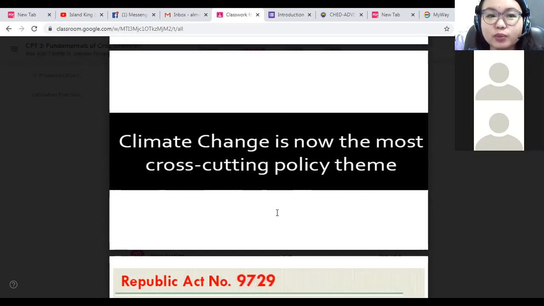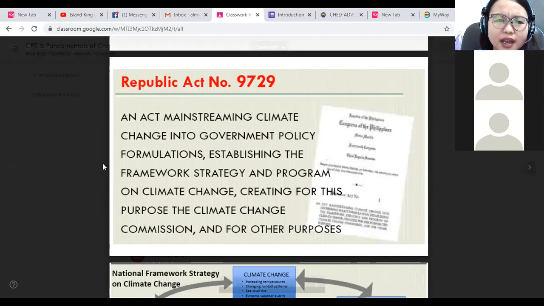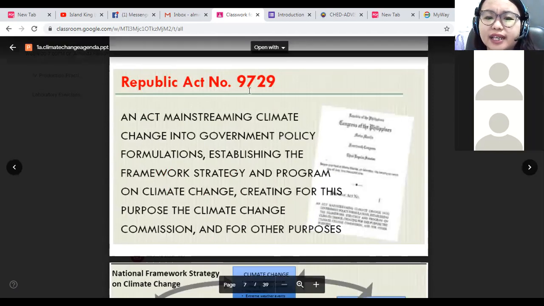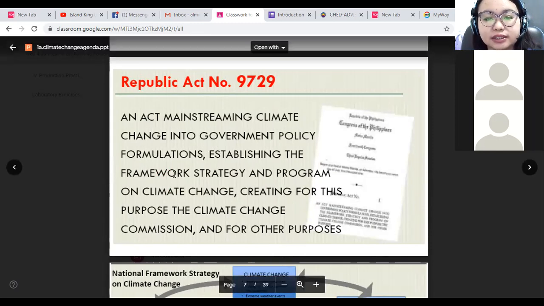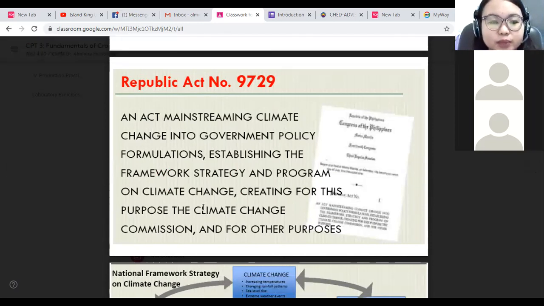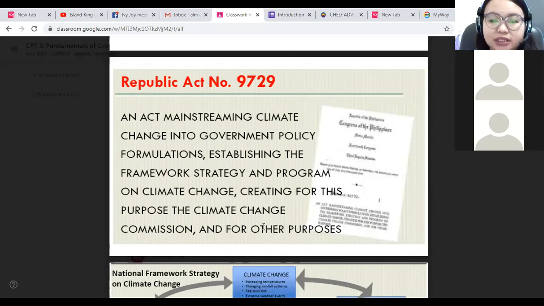So around the world, everything is attached to climate change issues. Under Republic Act number 9729, an act mainstreaming climate change into government policy formulations, establishing the framework, strategy, and program on climate change, and creating for this purpose the Climate Change Commission.